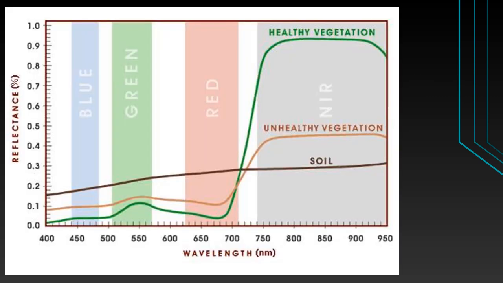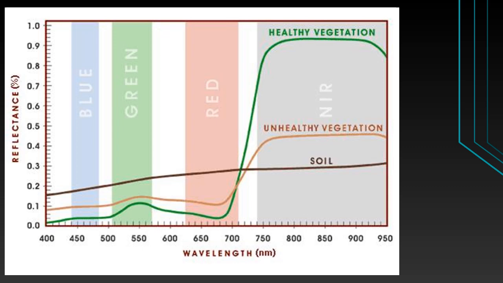Before we go to the software demonstration, it is very important to understand the concept of the energy interaction, especially with the vegetation here. In this graph, the horizontal scale is showing the wavelength and the vertical is showing the reflectance. So how does vegetation interact with the energy? Energy we can divide into different wavelengths, and at different wavelengths, the response of the vegetation will be different.